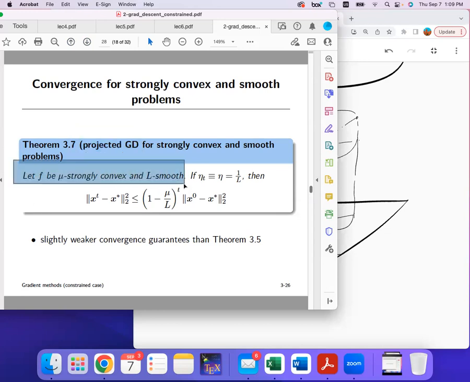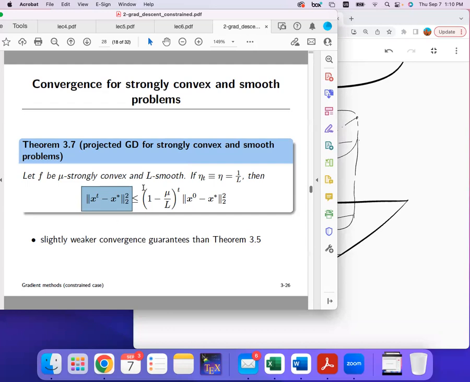If the function is mu strongly convex and L smooth, and if we choose the step size 1/L, then the projected gradient descent satisfies the following convergence rate. It's very similar to what we have seen before. So this is the distance to the minimum point. It diminishes to 0 at a geometric rate.